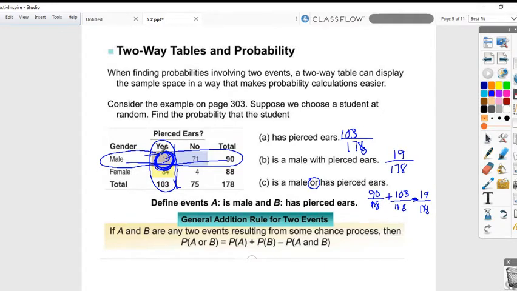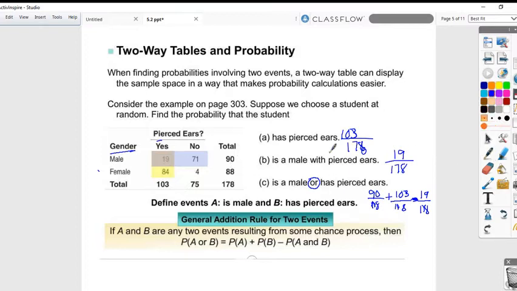This is called not mutually exclusive. When you do your circle, if there is an overlap, they're not mutually exclusive. And you ask yourself, is there something they share? Yeah, there's 19 people that were both shaded blue and shaded yellow. So if you're thinking about a room with 178 people, and I say all the males stand, 90 stand.